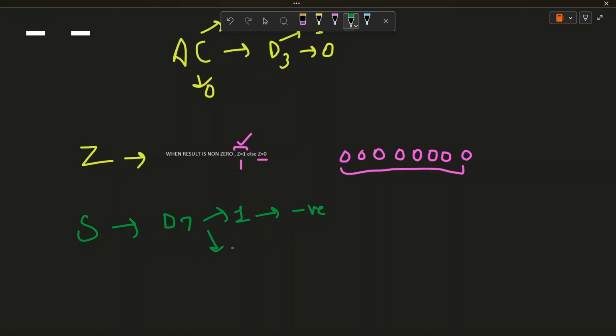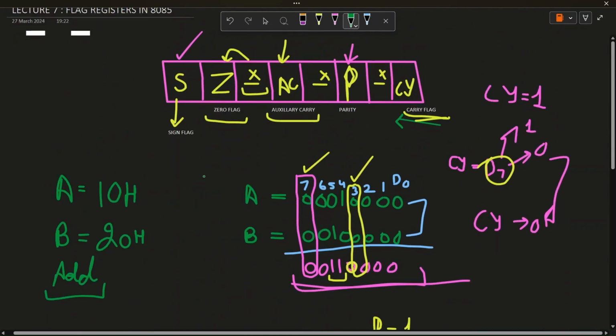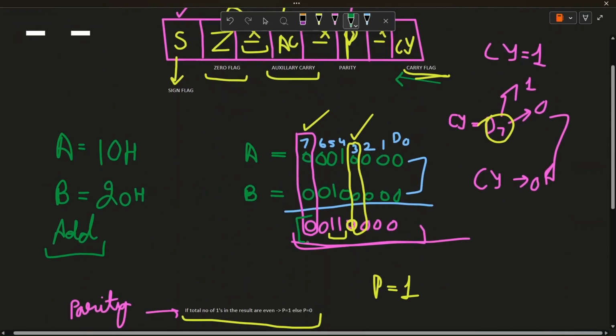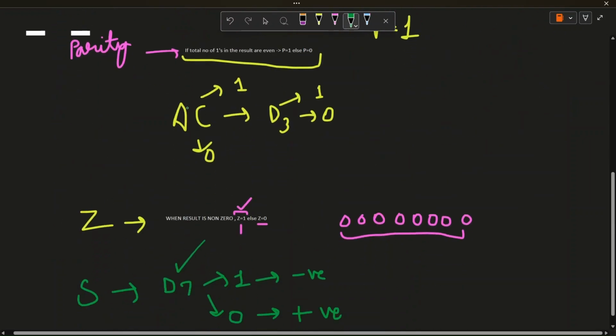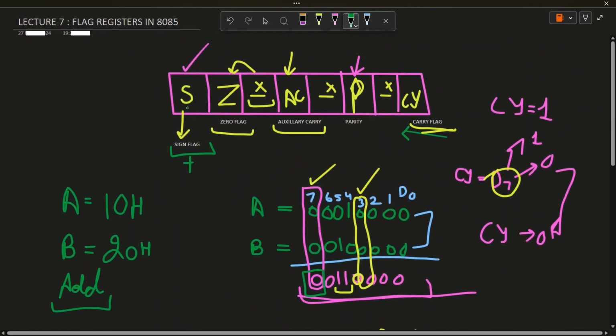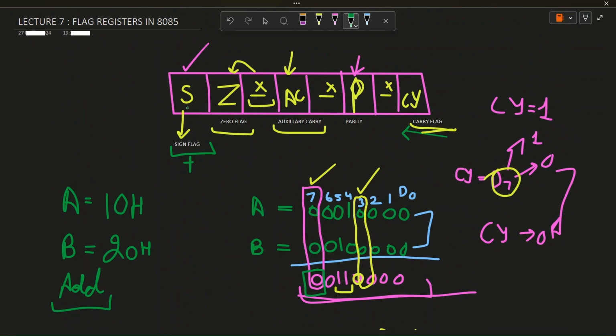If this D7 bit is 0, we say that the sign flag is positive. In this example, our D7 bit is 0, hence we say that the sign flag has a value which is plus. So this was all about the types of flag registers in 8085.